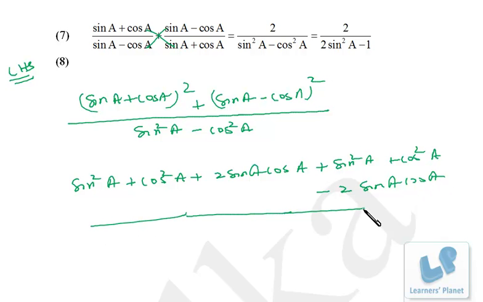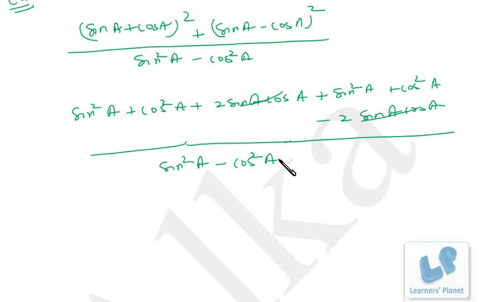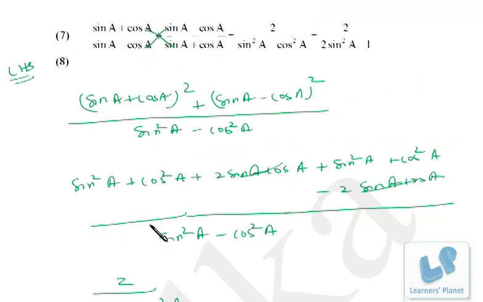And in the denominator we have sin square A minus cos square A. Now this is plus 2 sin A cos A, and this is minus 2 sin A cos A, so they are cancelled. Now sin square A plus cos square A is 1 and sin square A plus cos square A is 1. So we are having 2 upon sin square A minus cos square A. That was the first part of the question. So this is 2 upon sin square A minus cos square A that we have proved.